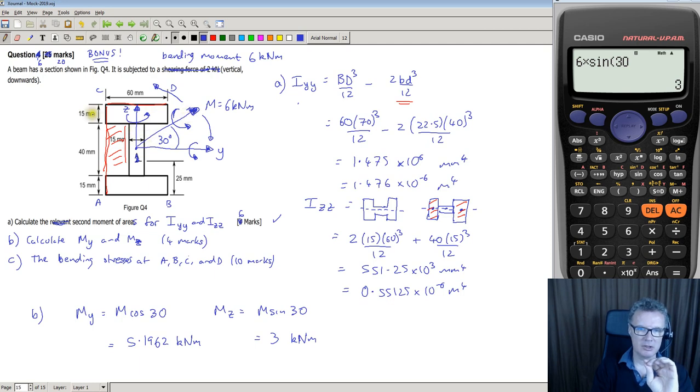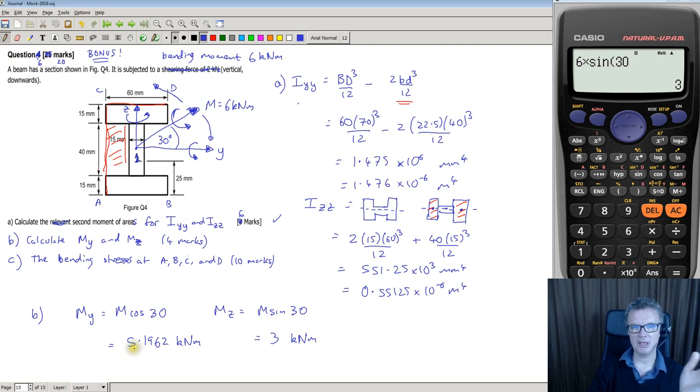Okay, now the only problem is that if that arrow was not in that quadrant, if that arrow was in this quadrant here, for example, it's fine for the z because you would be going in this direction, so you'd still have a positive z, but for your y you would be going downwards and you'd be pointing in the opposite direction of your axis. So if M was going off in this direction here, we'd make it go down, and we can use this value, but it would be a negative sign.